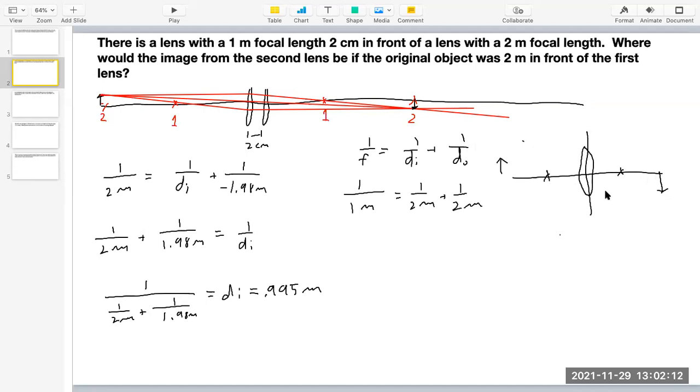But then you get a positive image distance at the end, even though it's on the left side. Yeah, so positive means it's on the side where an image would be, so over here. So on the side where the light is going to is positive for images.